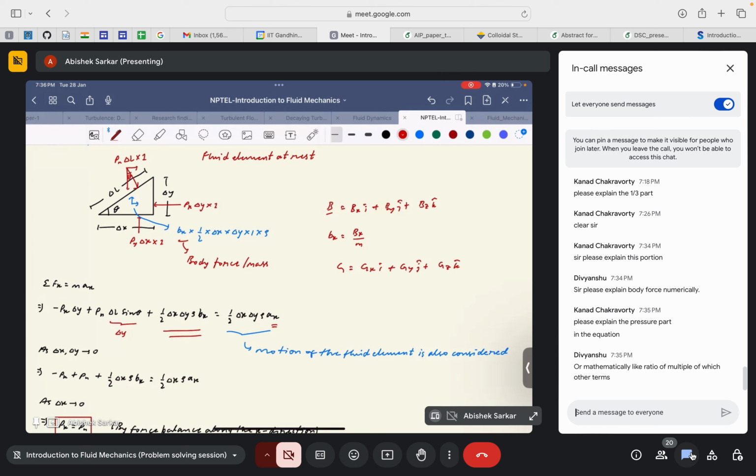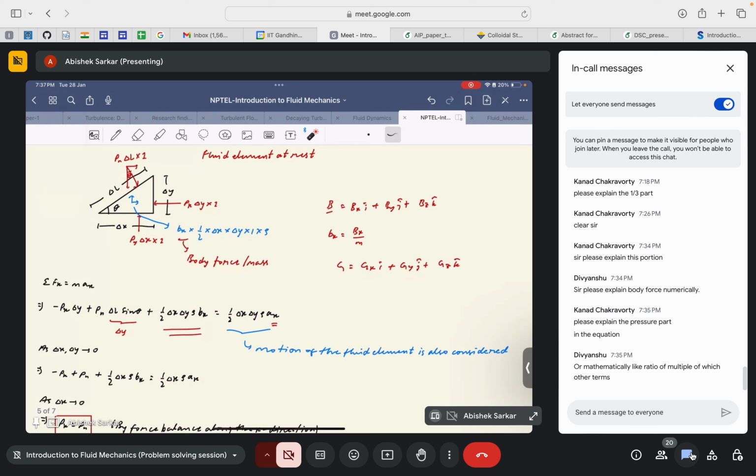Usually, if we are considering gravity as the body force, because gravity acts throughout the volume of the body, in the case of gravity these two components become irrelevant.